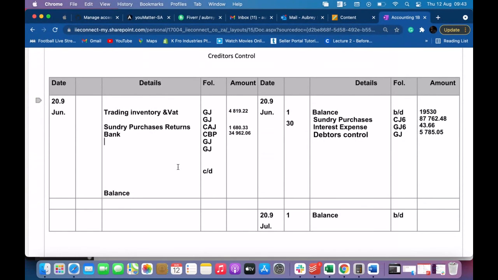We need to put this here, and we're going to say debtors control, and that is for 440.